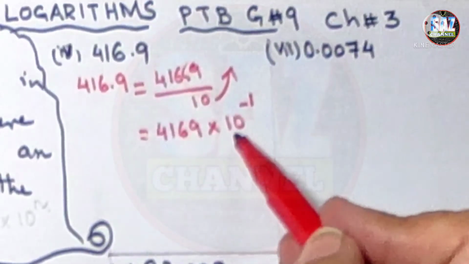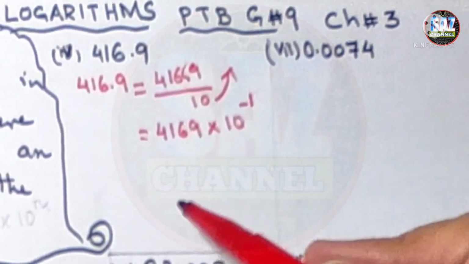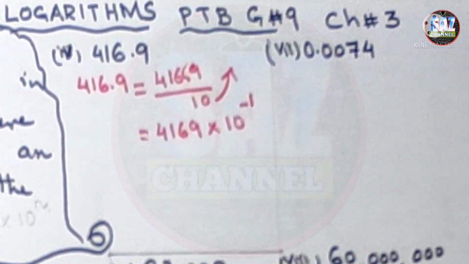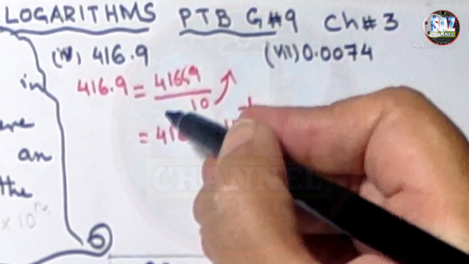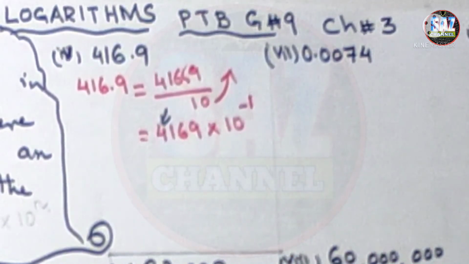Now, somehow the question is in scientific notation, but 4,169 is a large number, and I have to insert the decimal. I have to bring the decimal after 4, or right in between 4 and 1. So how many moves towards the left hand side? 3 moves.